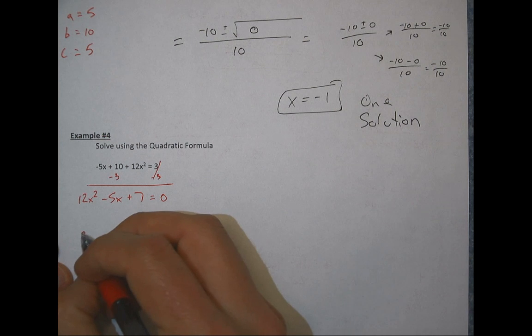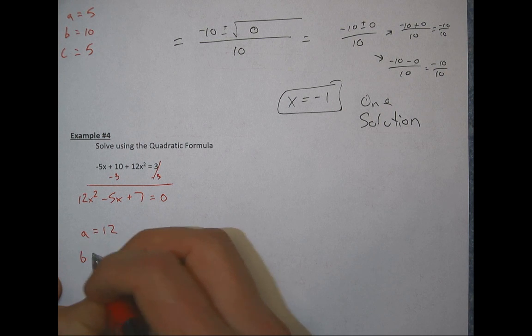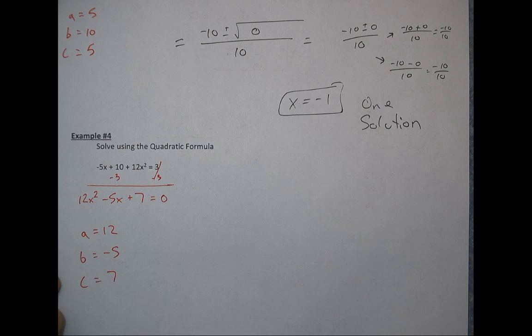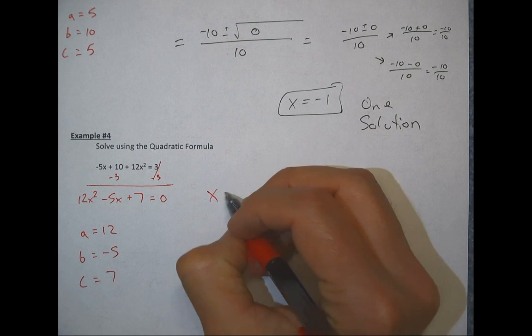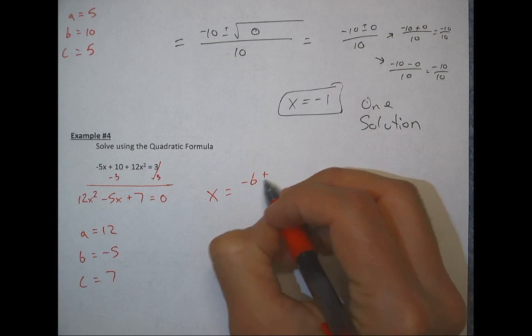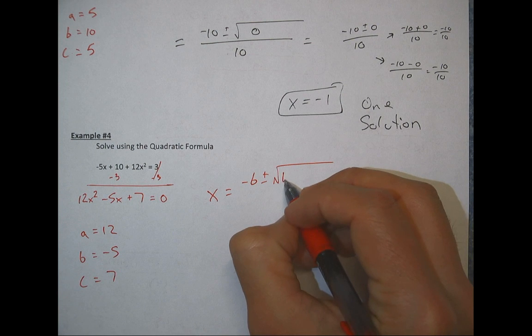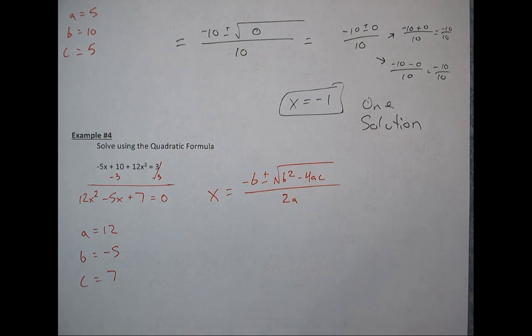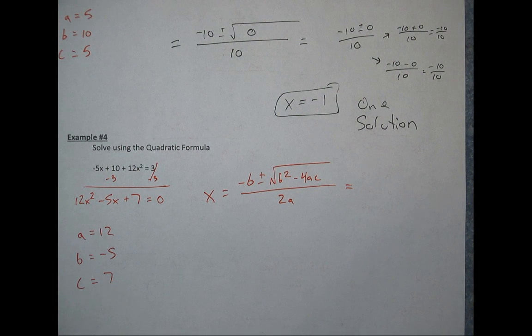All right, my a is 12, my b is negative 5, and my c is 7. So if I write this down, negative b plus or minus square root of b squared minus 4 times a times c, over 2 times a. Let's go ahead and plug in.